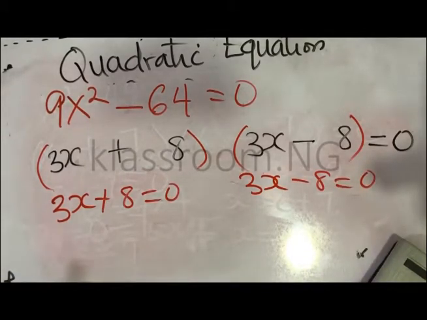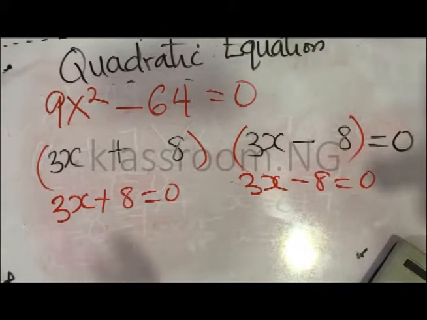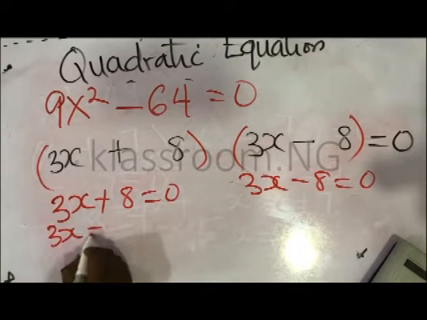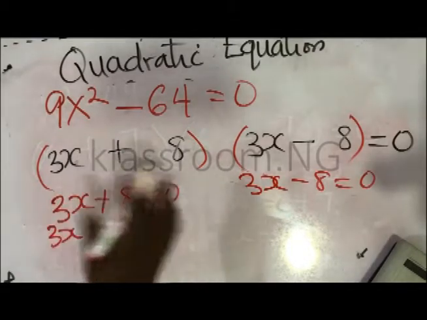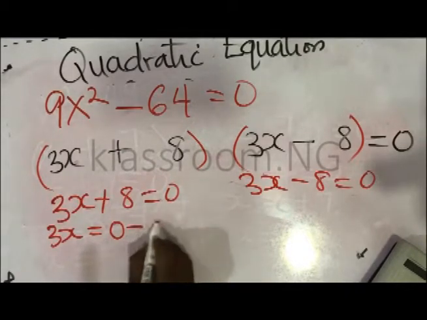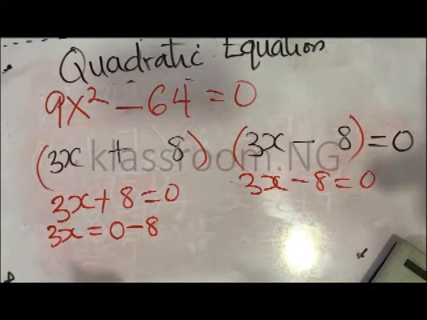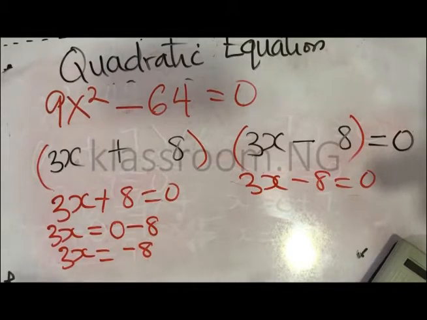Now remember we have a coefficient, so we need to still collect like terms. So we have 3x equal 0, the plus 8 crosses and becomes minus 8. So we have 3x equal minus 8, because 0 minus 8 will give you minus 8.